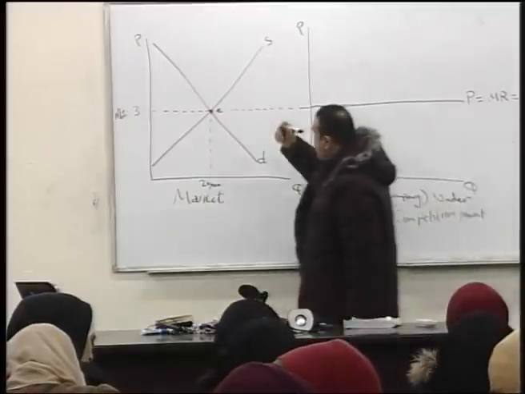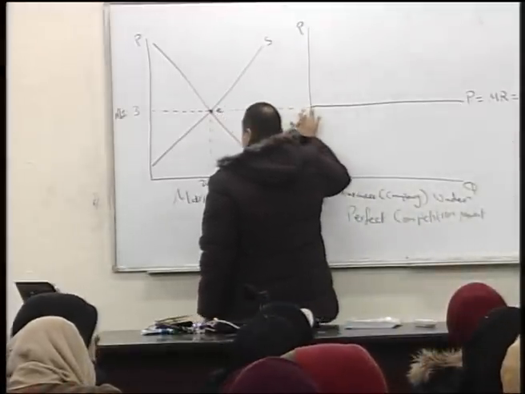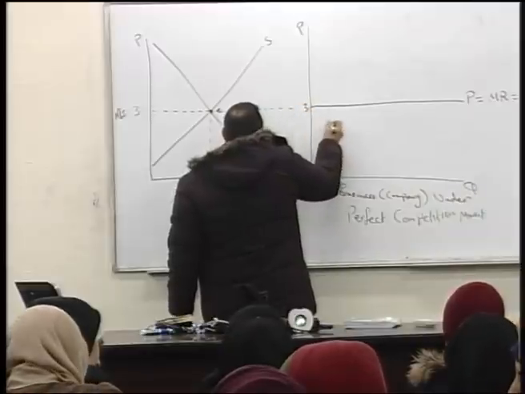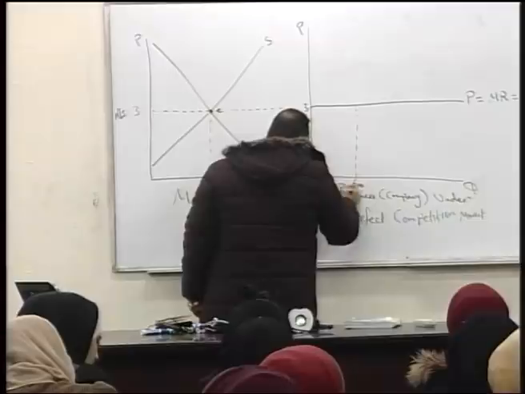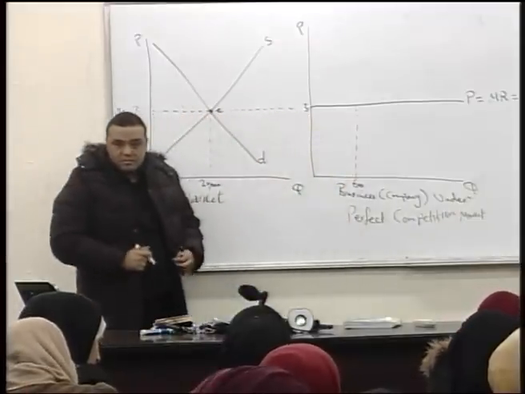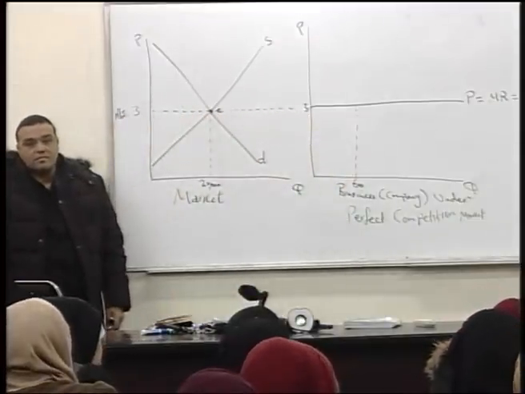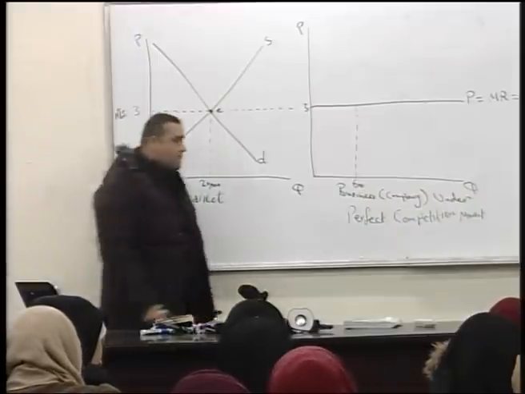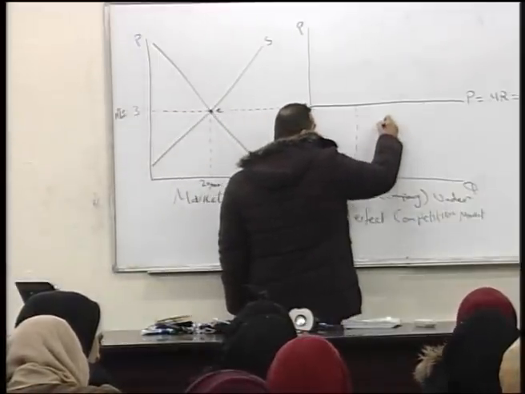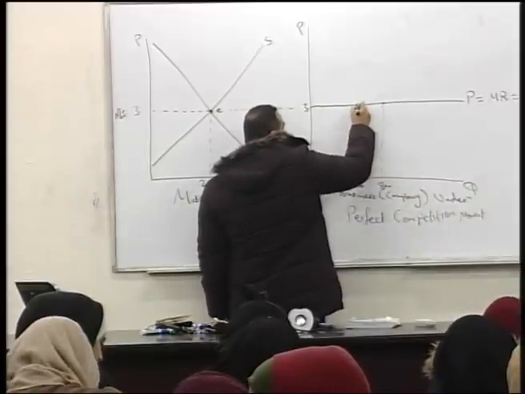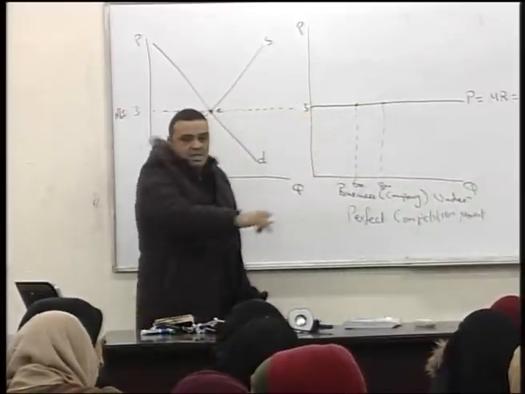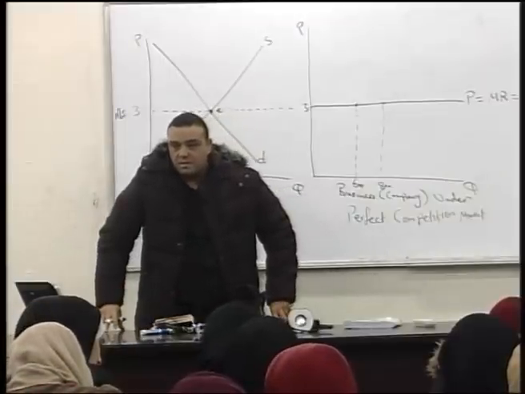So 3 shekels. And let me assume that I want to sell 600 units. If I want to sell 800 units, I have to sell at the same price, the same equilibrium price.